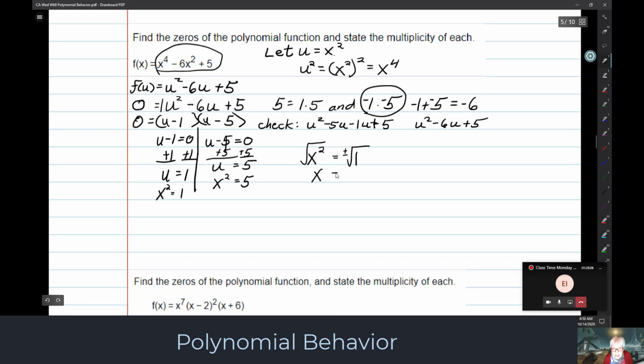So x equals plus or minus, the square root of 1 is 1. So that means x will equal -1 or +1. Now we come over to x squared equals 5.